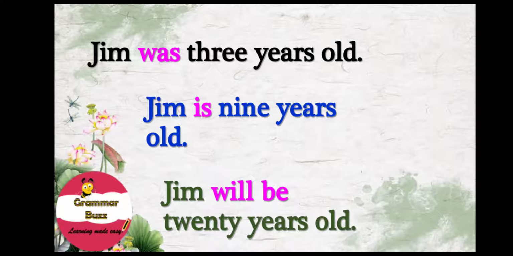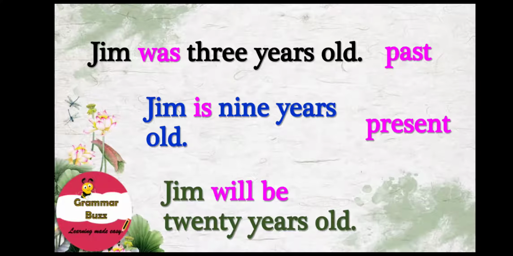The change in the form of the be verb. That is, was, is, and will be. So the three be verbs are telling us about Jim at different times. Was tells us about the past, is tells us about the present, and will be tells us about the future.